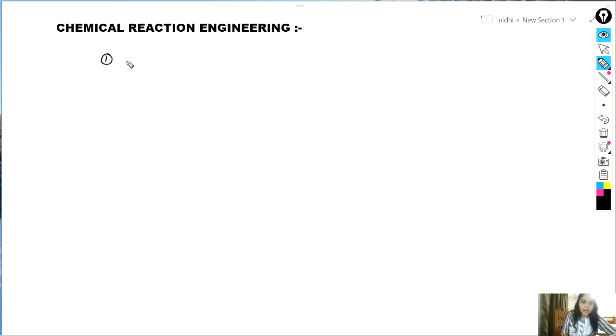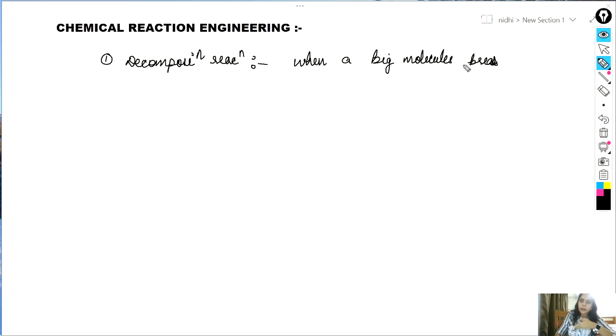The first one is decomposition reaction, when a big molecule breaks into two smaller molecules, right?